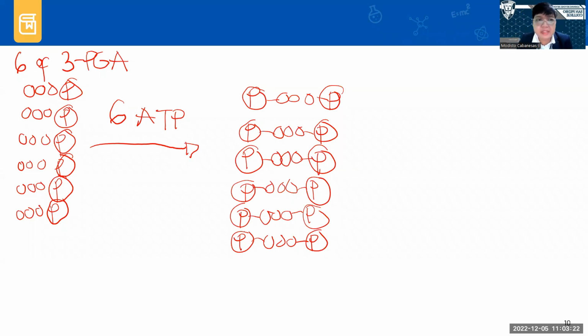Okay? So we have these 6 molecules. Si ATP will become ADP kasi nawalan na siya ng isang phosphate kaya naging diphosphate na lang siya.